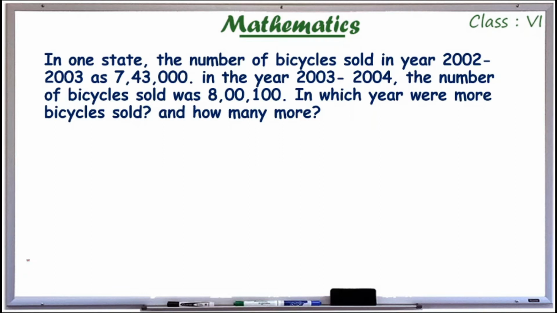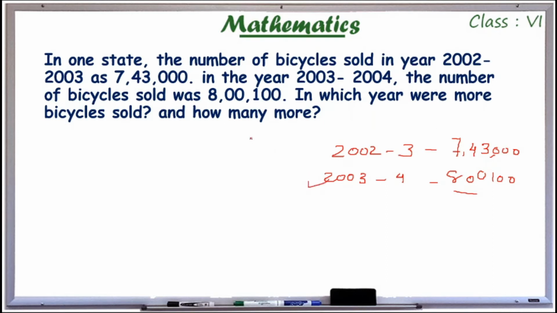So in 2002-2003 we have 7,43,000 bicycles sold, and in 2003-2004 we have 8,100,000. Which is greater? This is greater. In 2003-2004 more bicycles were sold.